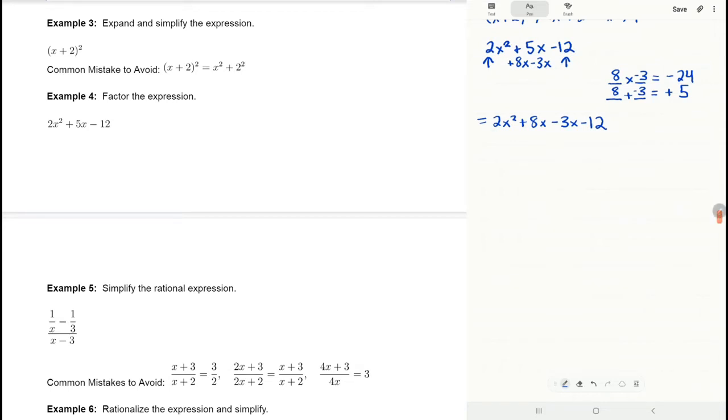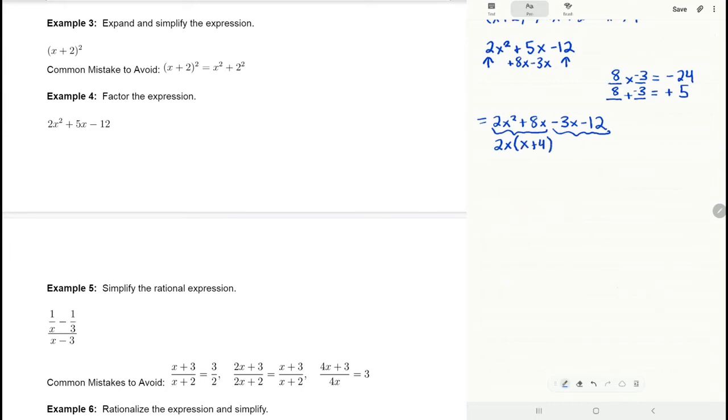And now what we want to do is look at the first two terms and the last two terms. And we want to take out a common factor out of both terms. So the common factor between 2x squared and 8x is a 2x. And if I factor a 2x out of the first two terms, I'm left with an x plus 4.